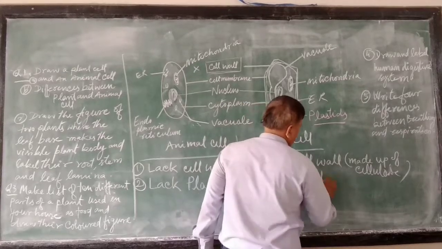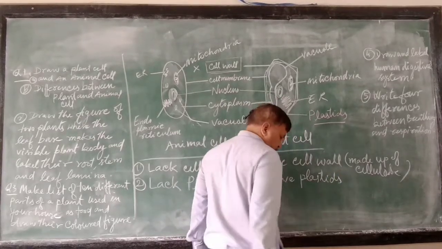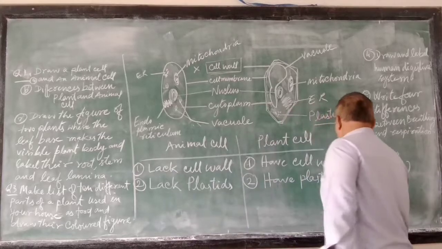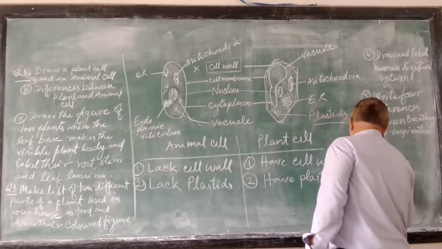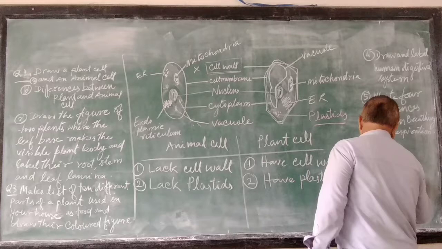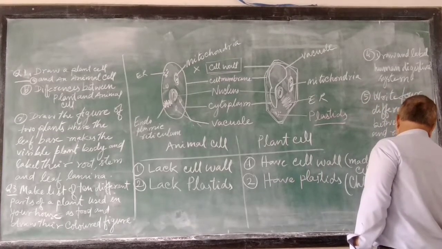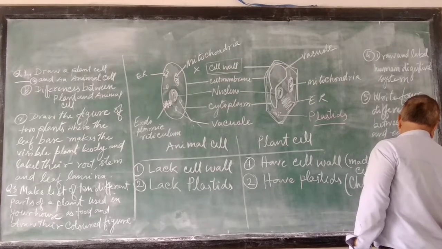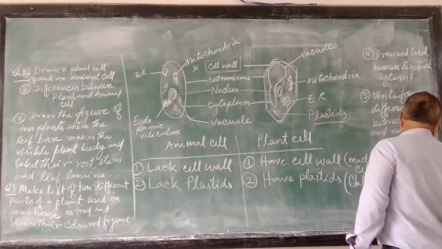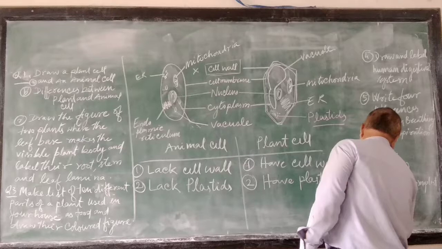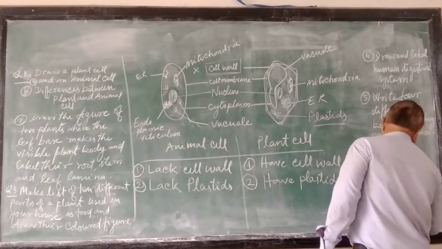Plastids means the color boxes: chloroplast, chromoplast and leucoplast.